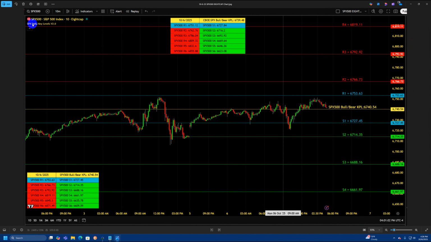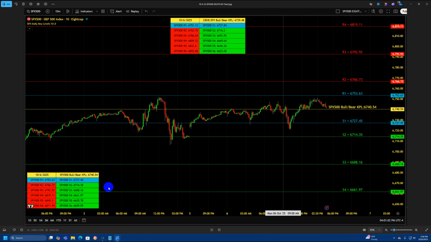Okay, so this is the SPX 500 8-cap. The way it works at 9 a.m., if you wish to see the levels early, is that when you have your chart on the second symbol, the SPX 500 8-cap symbol on TradingView, then at 9 a.m. you're going to get the levels for the SPX 500 8-cap CFD on your chart.